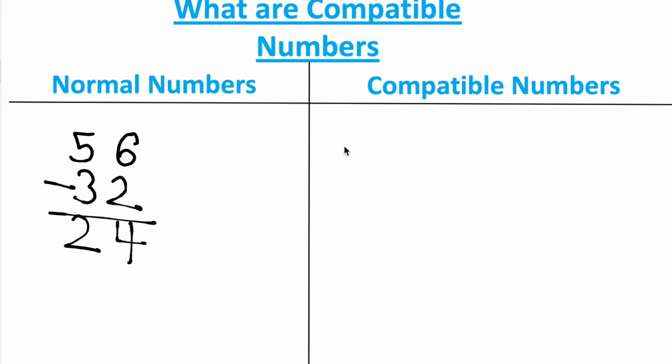Now the closest number to 56 is 55, of course. So let's put 55 right here. Minus, the closest number to 32 is 30. So we put 30 here.